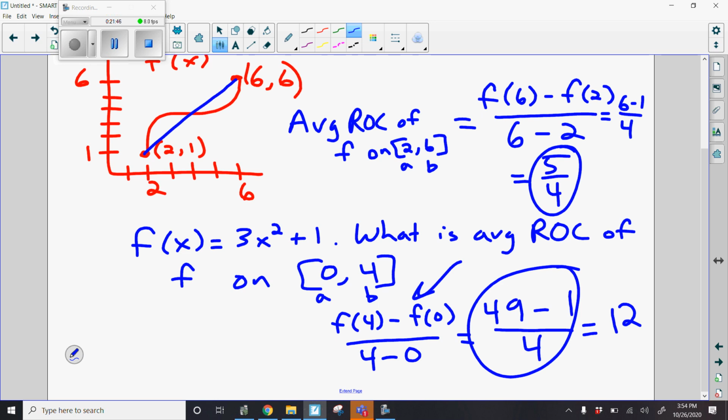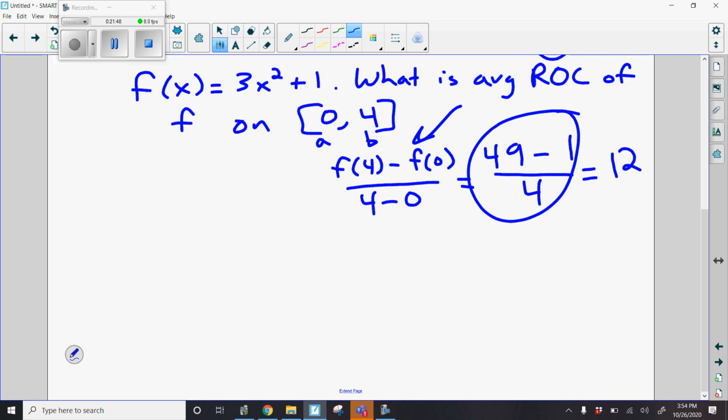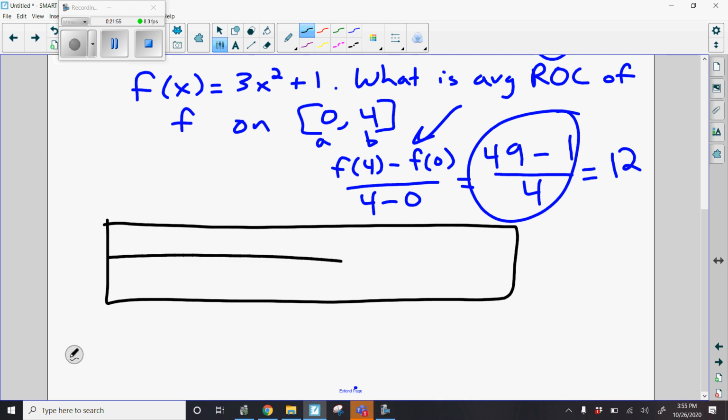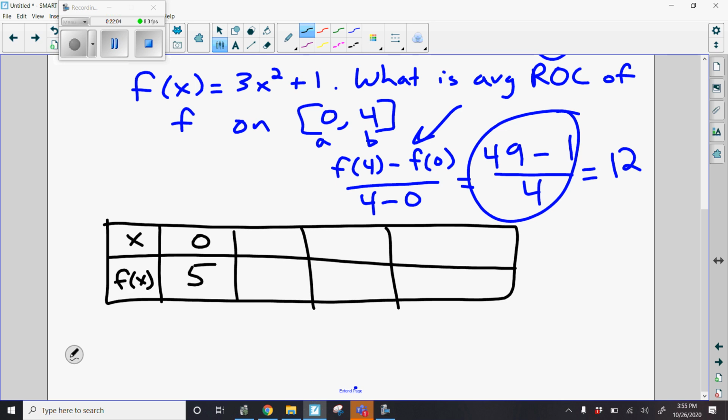Okay? Last case where we see this is tables. So let's say we have some function f of x.